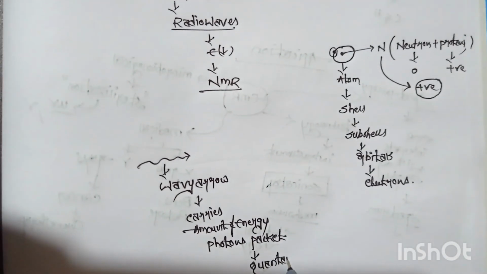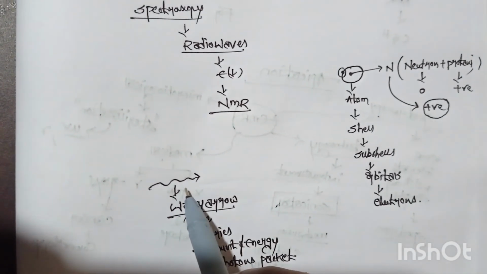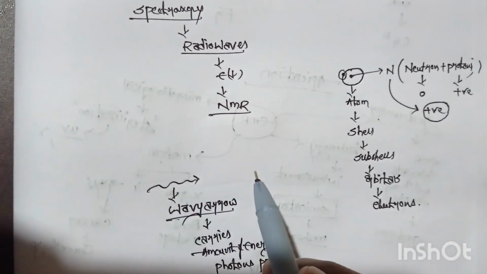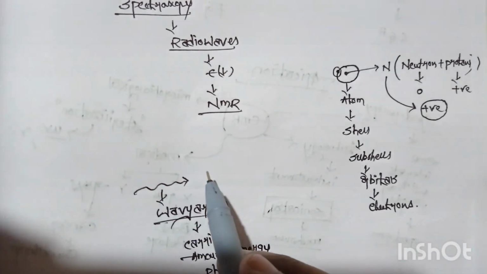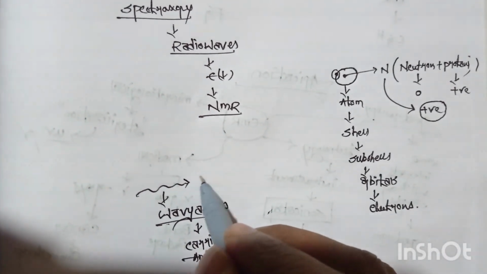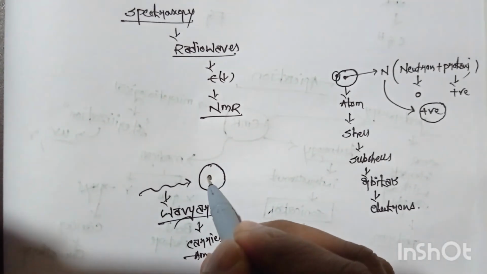Quanta or quantum, right? So wavy arrows indicate the carrying of photons, right? So this is generally used in spectroscopic techniques when this electromagnetic radiation or wavy arrow hits the nucleus.